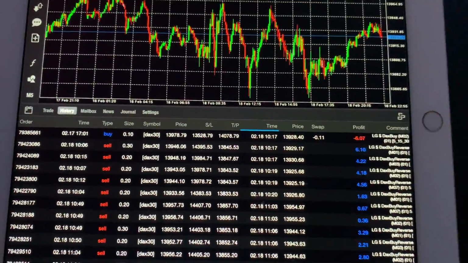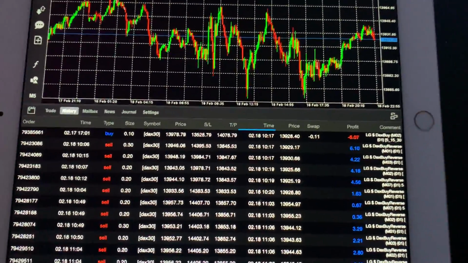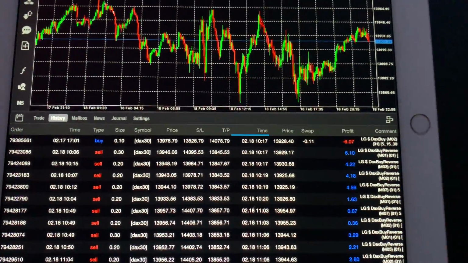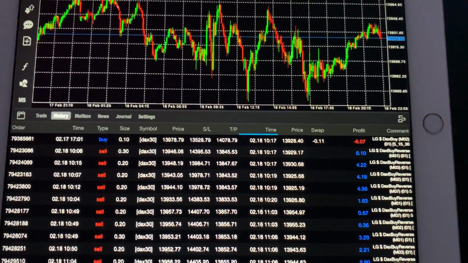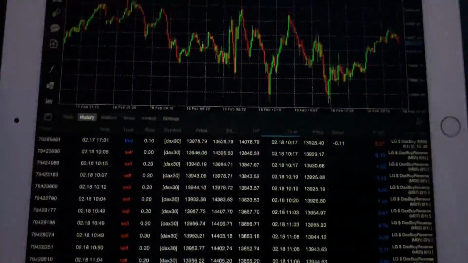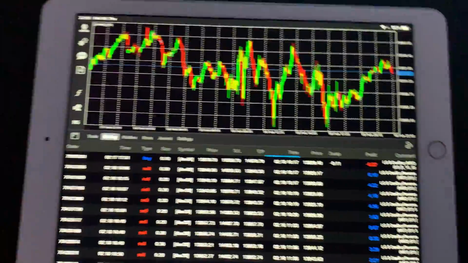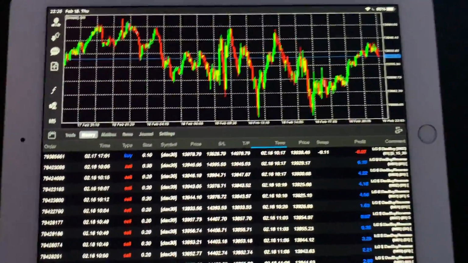So if I want to stop my buy direction robots, that's 16 robots. I have to go into 16 charts on my MetaTrader and click off one by one, and it's a very slow and arduous process.